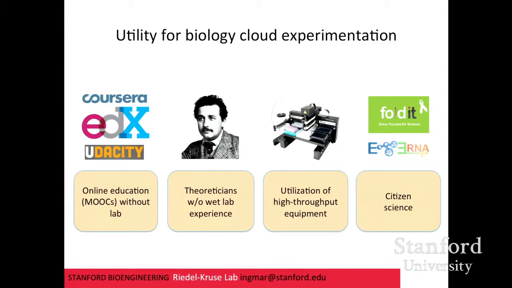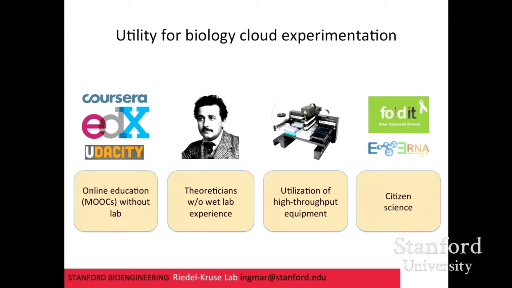So the general utility for these cloud experimentation setups, we talked a lot now about education, right? I think there's potential, and it's one of the next projects, in having a dedicated small set of real scientists interacting with a platform like this and seeing what they would discover, what kind of research they would do.